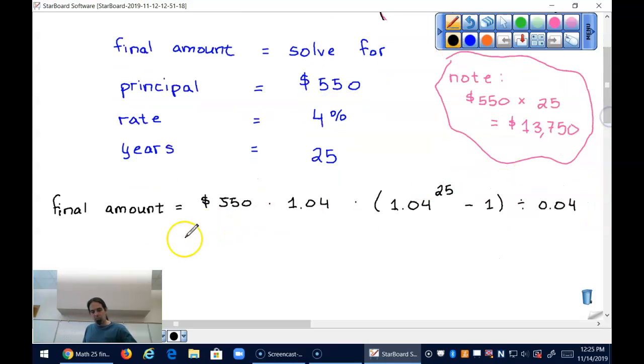So, unless I hit something wrong, I'm getting $23,821.46. Is that what other people got on their calculators too? We all hit our buttons correctly.